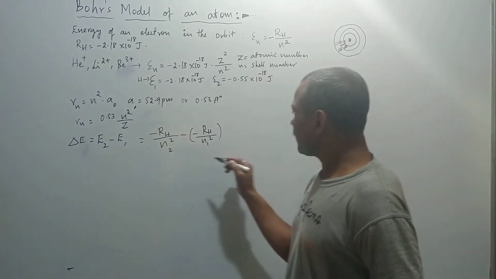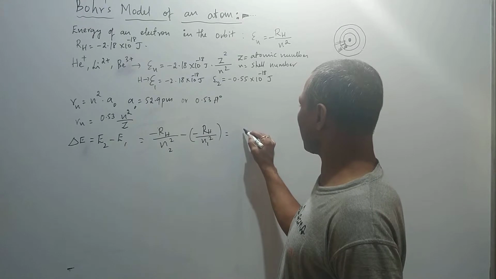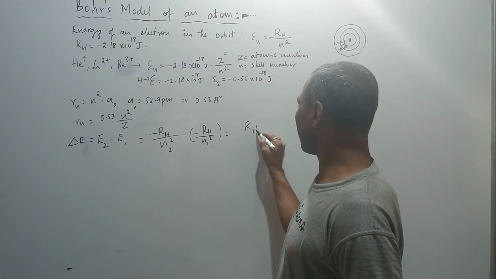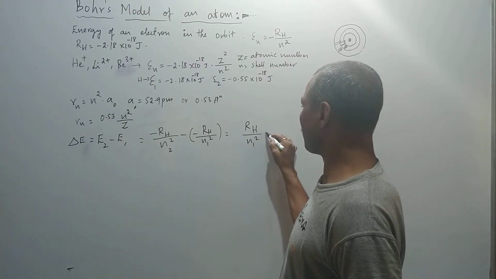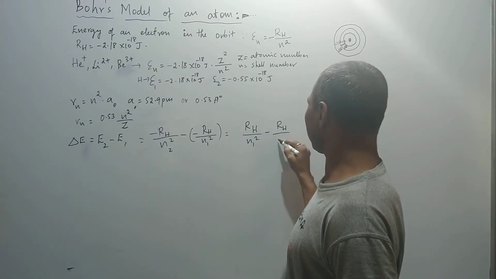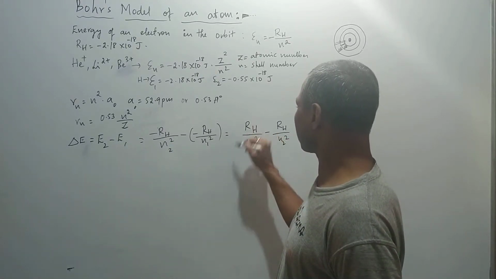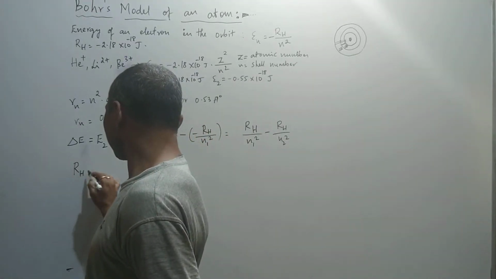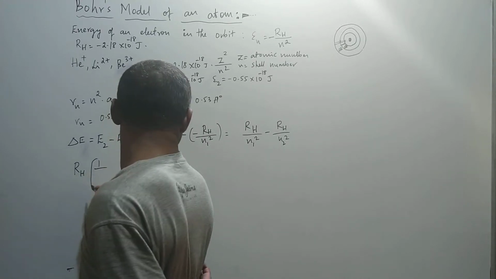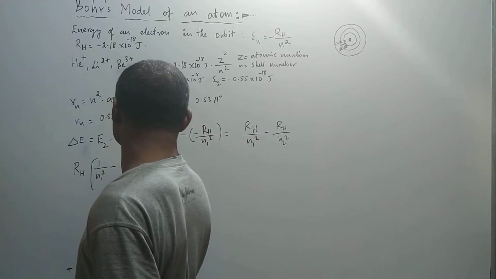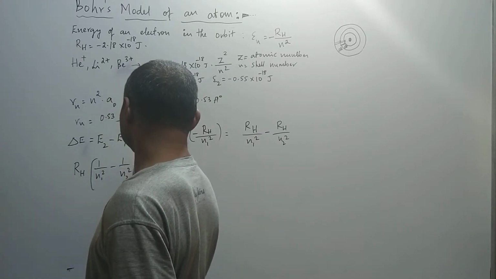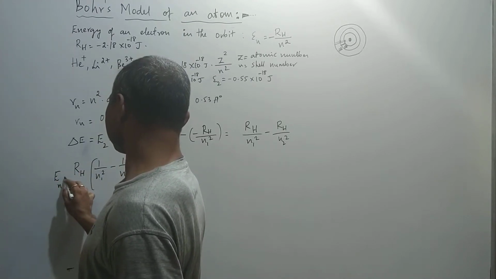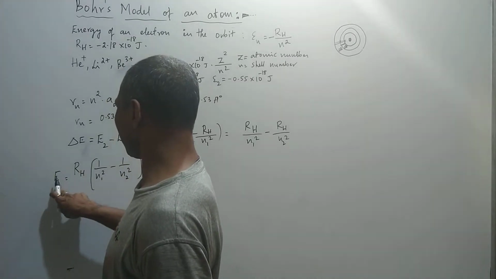Now, if I reverse the expression, minus minus will become positive: RH by N1 square minus RH by N2 square. Now I'll keep RH as the common term, the Rydberg constant, upon 1 by N1 square minus 1 by N2 square. Okay, so this is the generalized expression for the energy level.